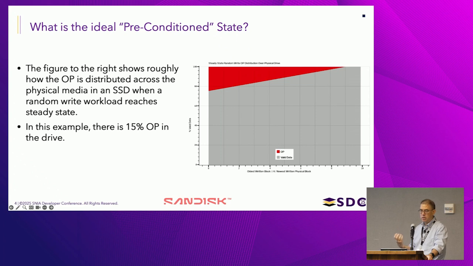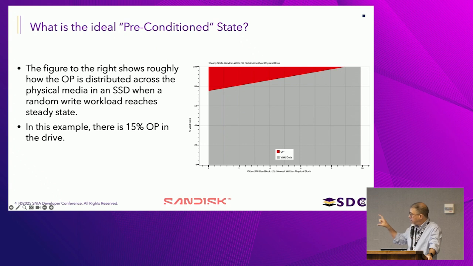It's the extra media that we use, especially in the random write case, to improve the performance. And so when the drive hits steady state in a random precondition, this distribution is what emerges, and this is what we want to have when we have properly preconditioned the drive, something that looks like this.